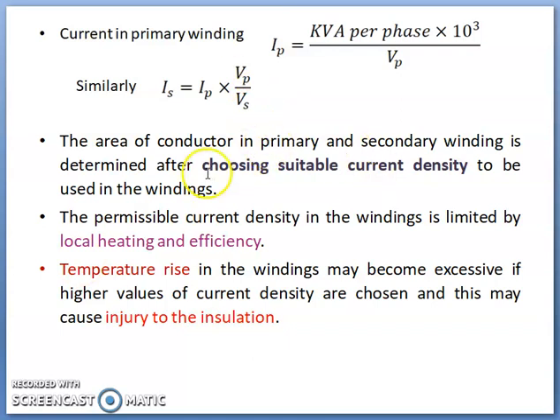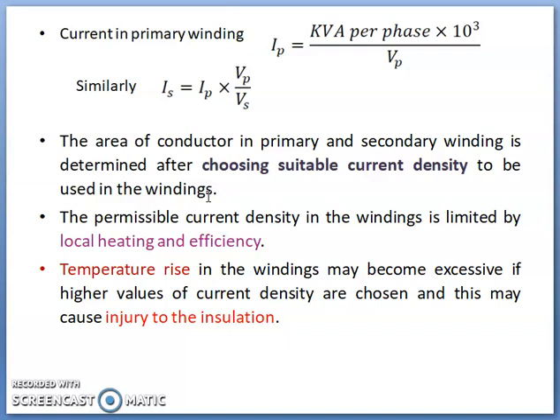Okay. Then area of conductor in primary and secondary winding is determined after choosing suitable current density to be used in the windings. Here, after calculating current, the next step to design winding is obtaining cross-sectional areas of both windings, primary as well as secondary winding.